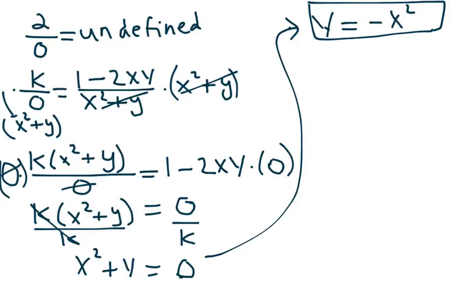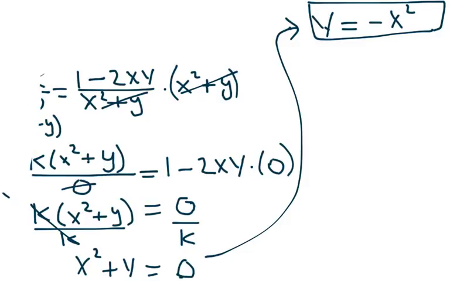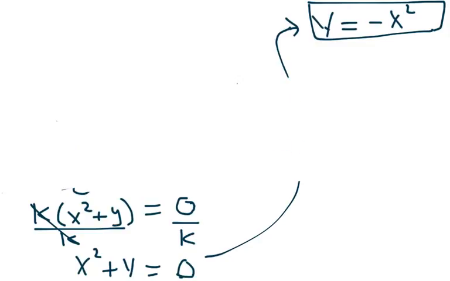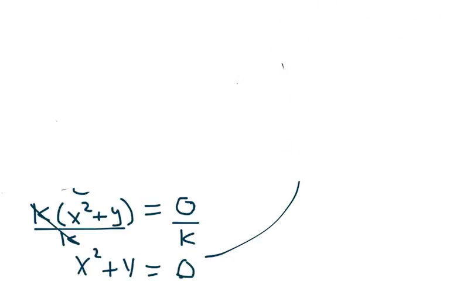Essentially we have solved for our y. Since now we know the value for what y equals, we're going to plug in negative x squared for y into our original function.